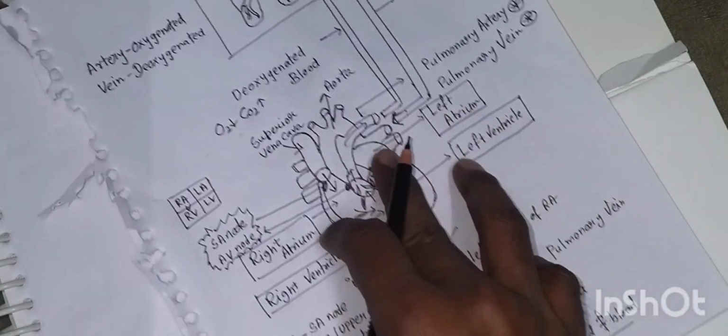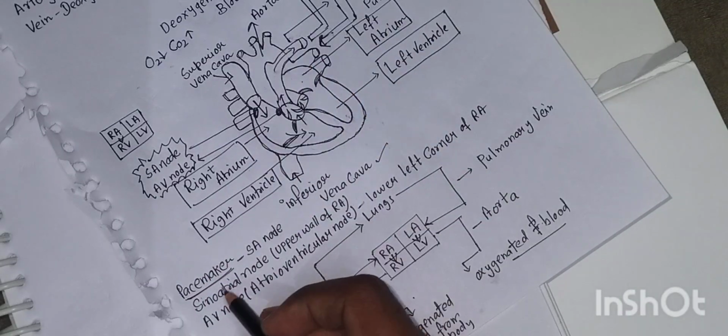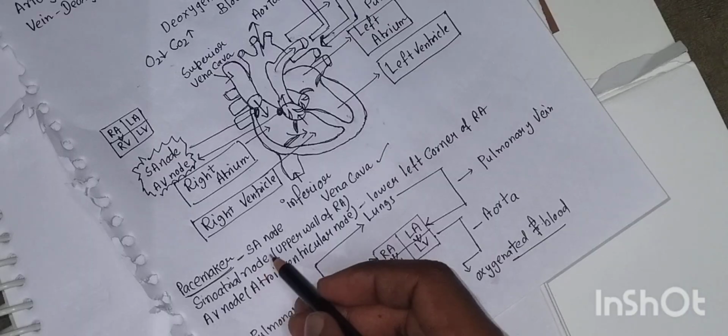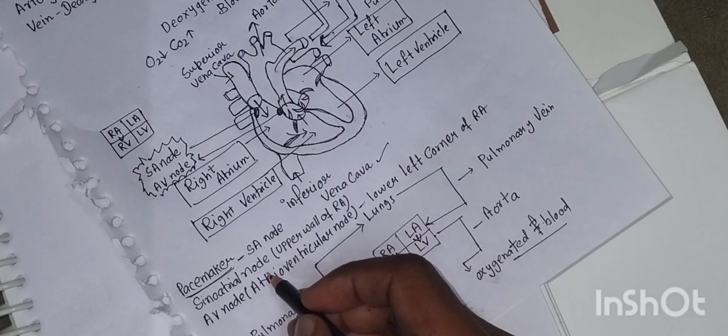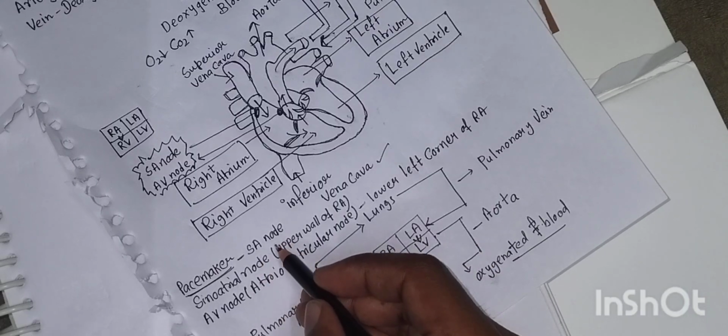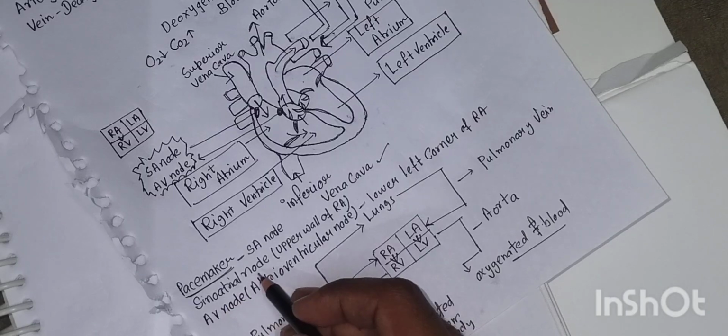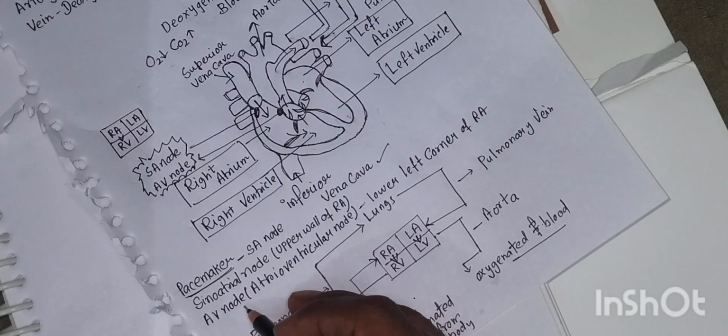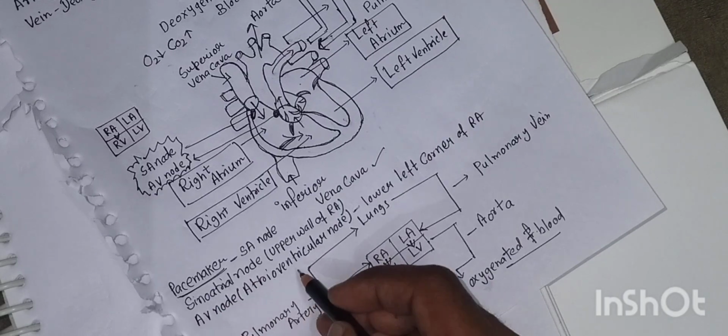One more thing we have to know here is about the pacemaker. So there are two types of pacemakers found in the human heart, that is SA node, that is sinoatrial node, and the second one is AV node, that is atrioventricular node.